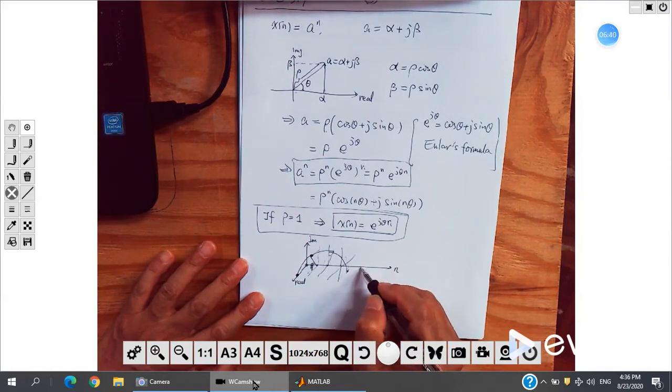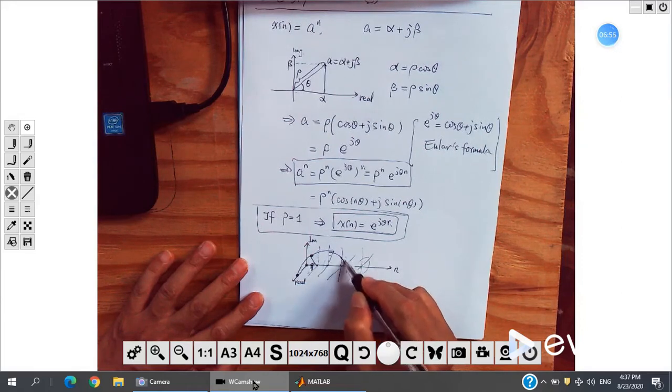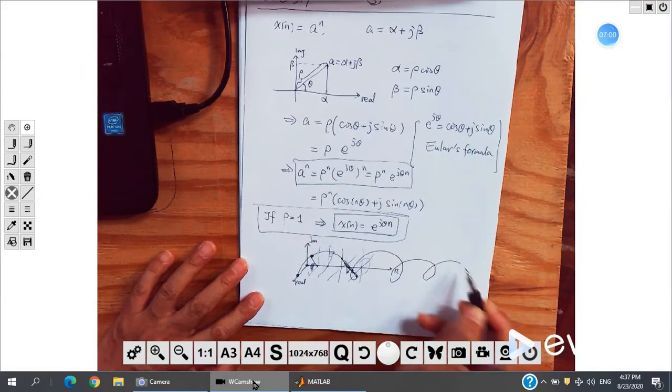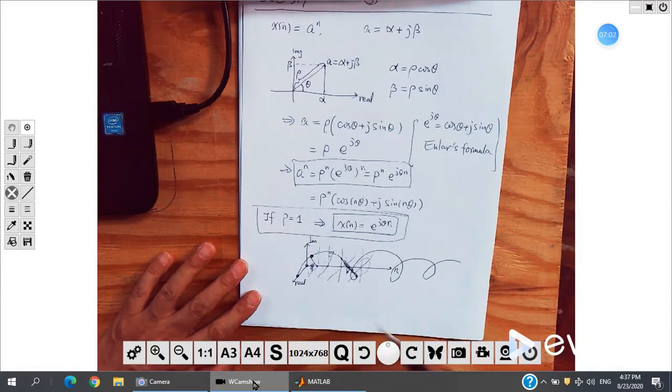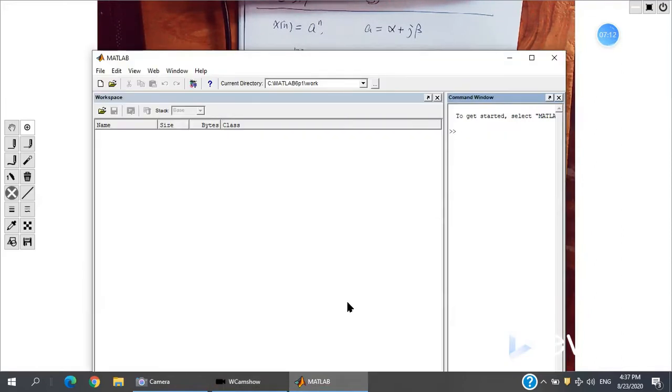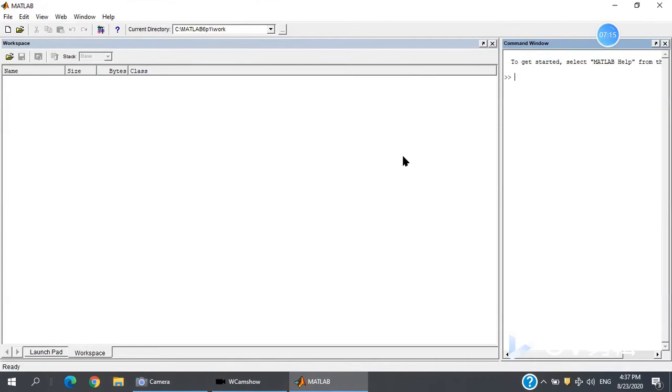If you check one more n, theta is 1, 2, 3, 4 theta. This is here. And then it turns around. So actually it looks like a screw, right? Turning around. We use a computer to see, and you can make it more clear.